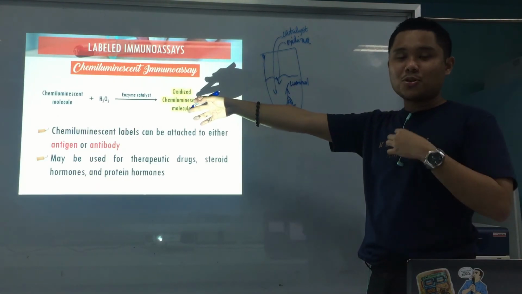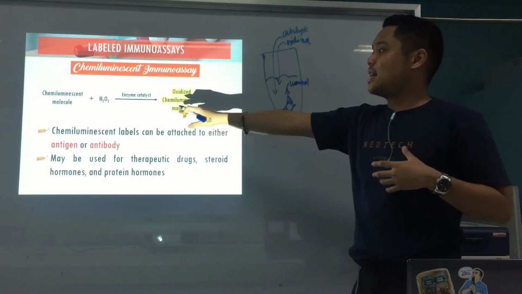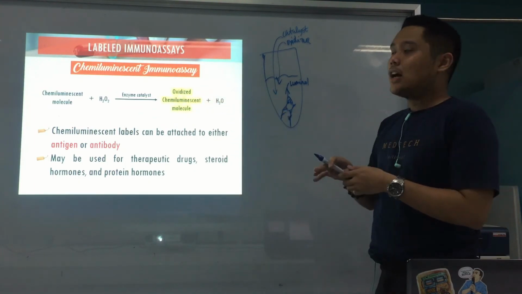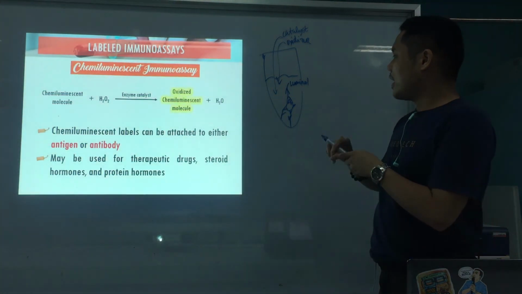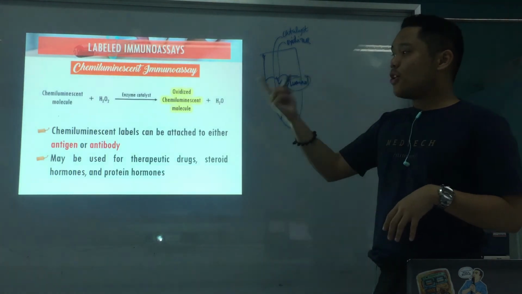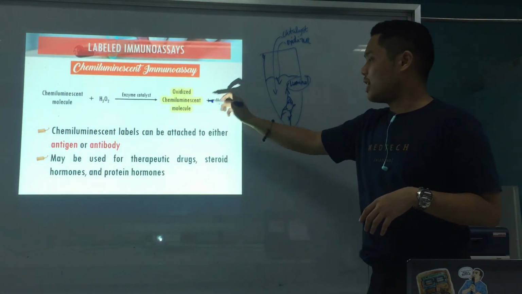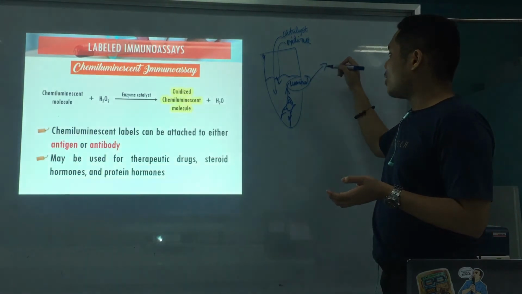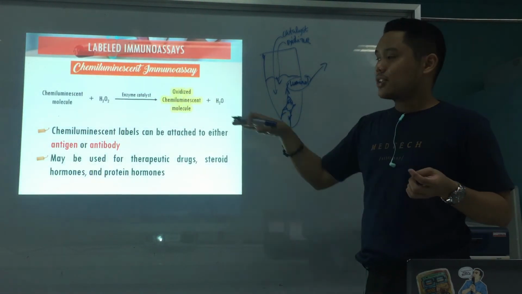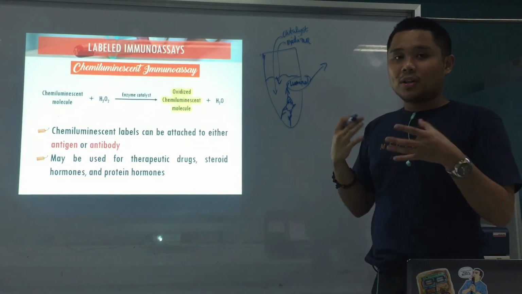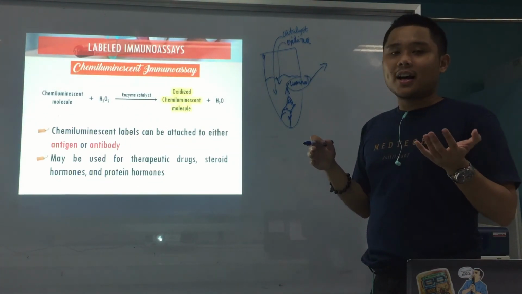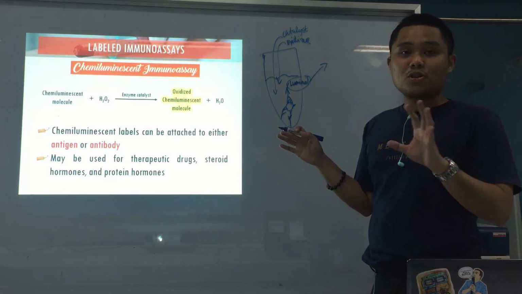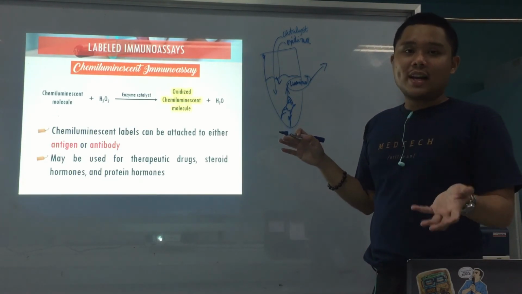Now that you have given the necessary requirements for the reaction to occur, the luminol will be oxidized to a chemiluminescent molecule. The luminol will give off light because of this reaction, and this light is what we observe. So what do you think is the proportionality? It's still direct proportion.